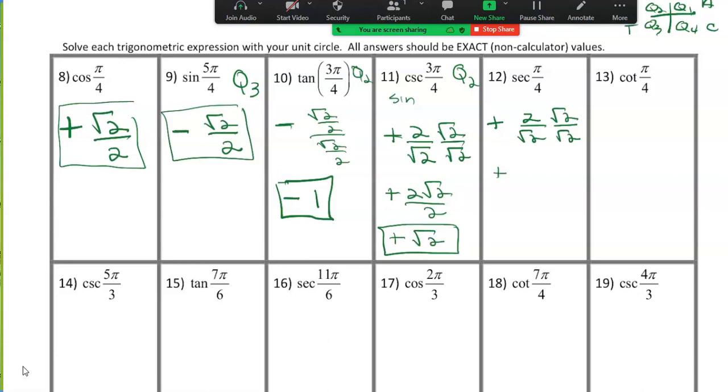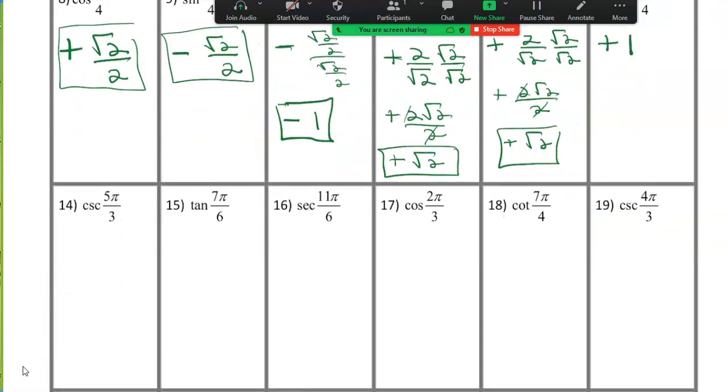So that's positive 2 root 2 over 2, which ends up being positive root 2, because once again, those 2's will cancel. Okay, cotan of pi over 4. Pi over 4 is in the first quadrant. It is positive. Tan is 1 there. Cotan is also 1.